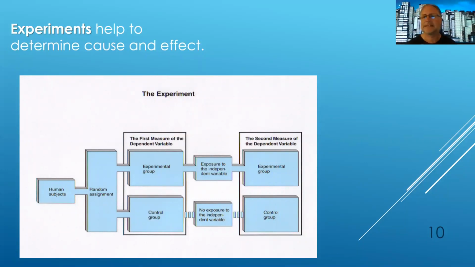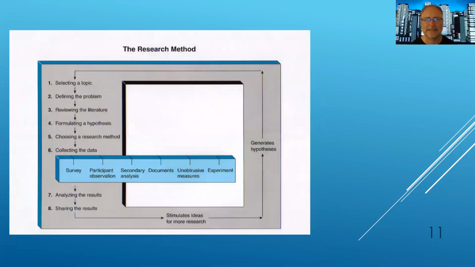If there is a statistically significant difference between the results of the experimental group and the control group, then we can start to conclude that the independent variable, the change variable, seemed to do something. It seemed to make a change, all right? So that's an experiment. Those are the major ways that we can collect data in sociological science research.